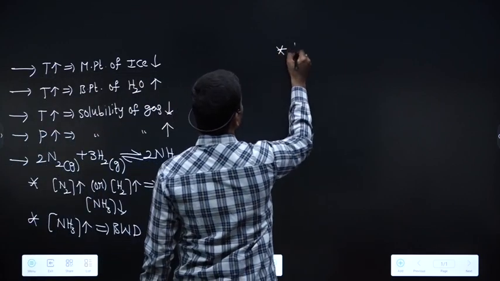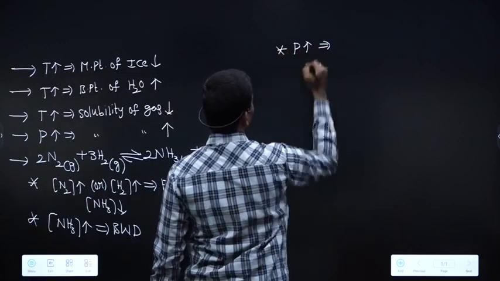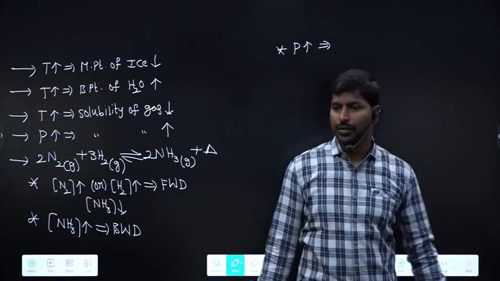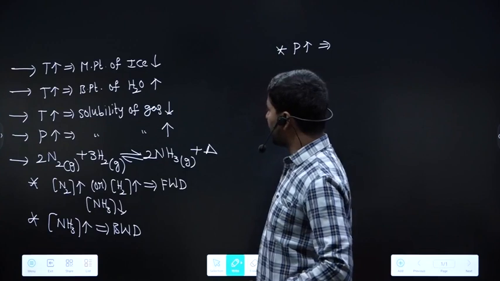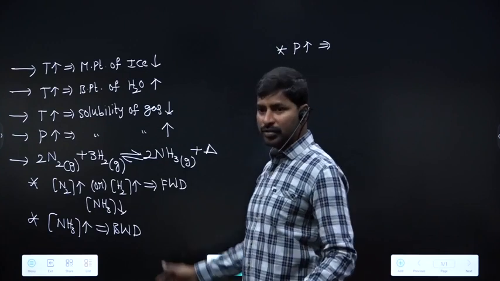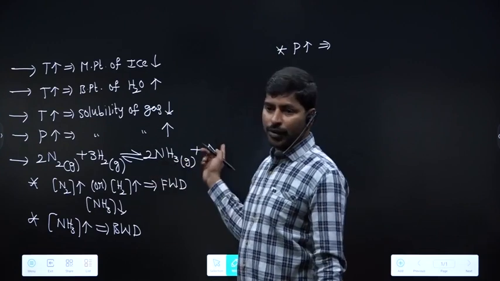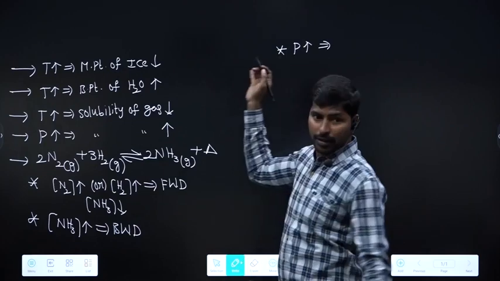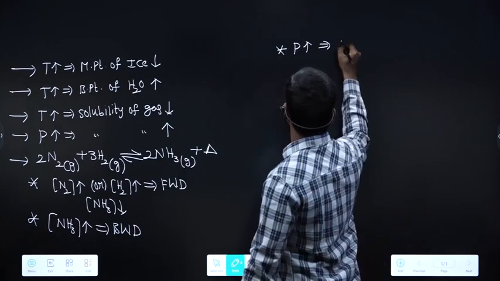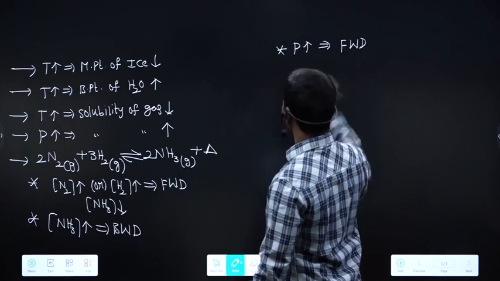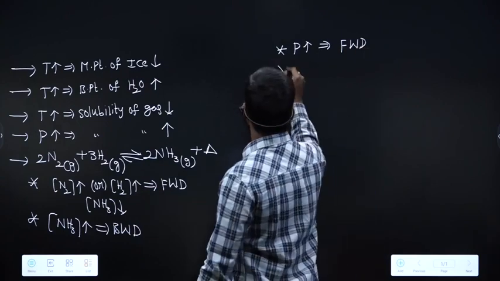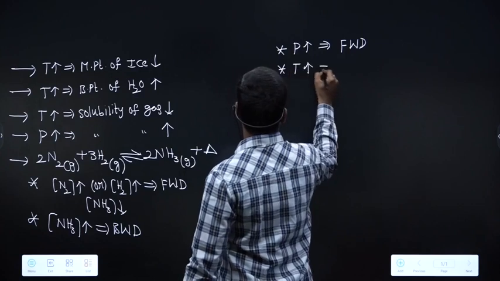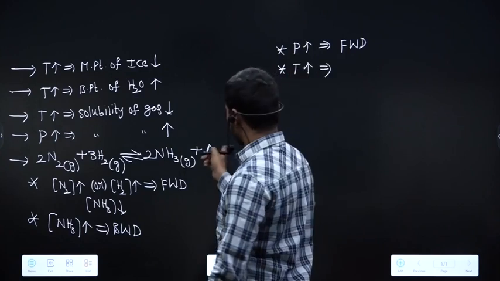On increasing pressure, it proceeds towards less number of moles, which is the product side, the forward direction. On increasing temperature, it proceeds in the backward direction.